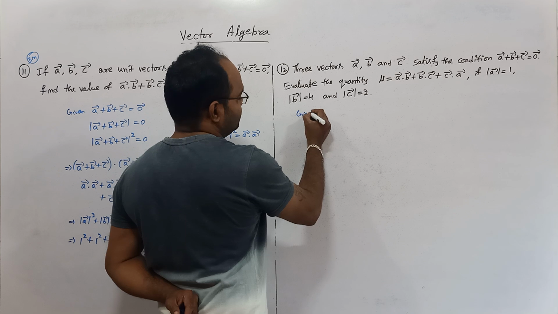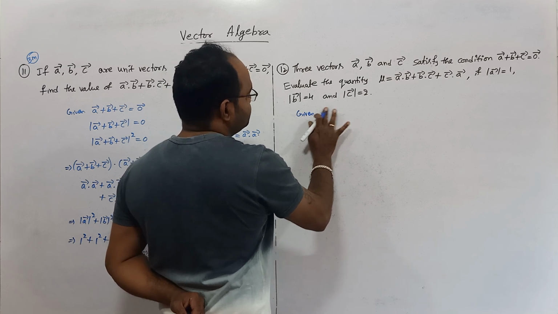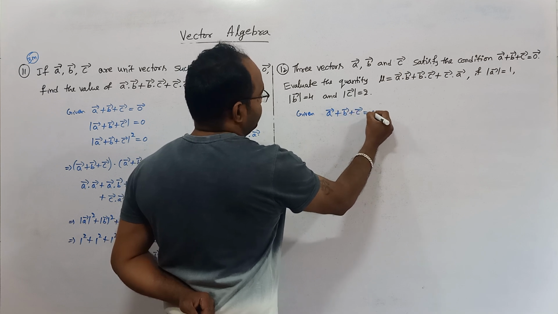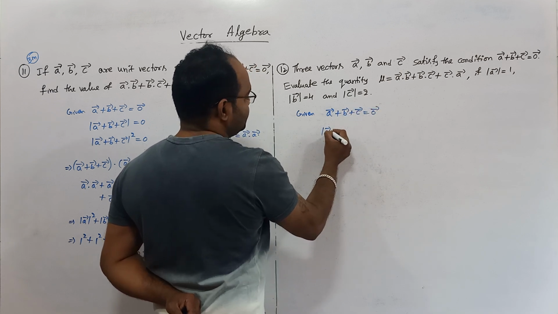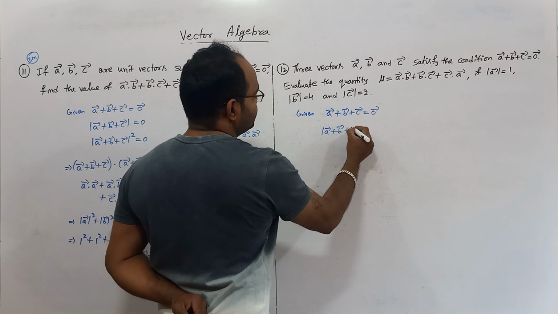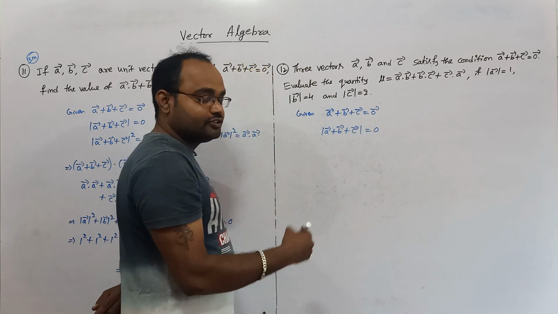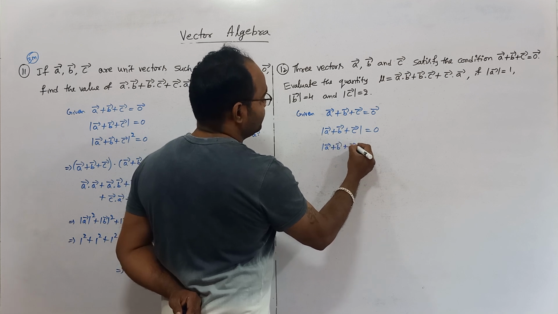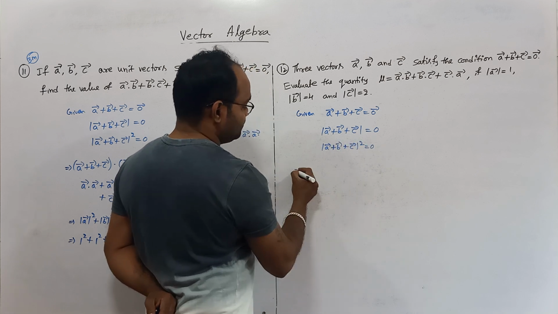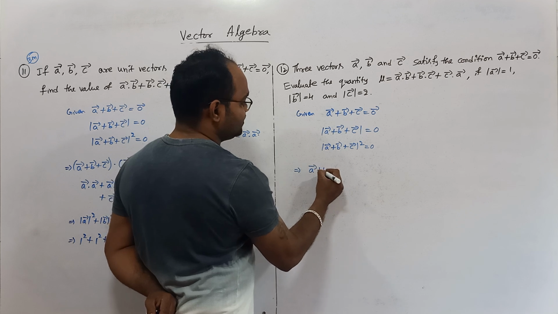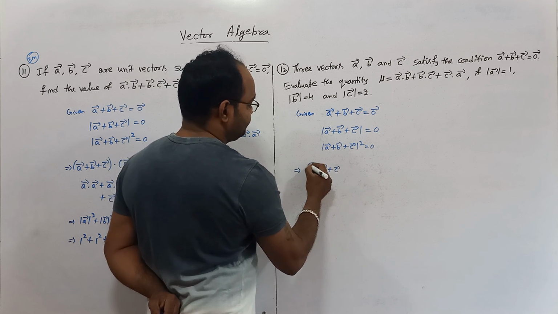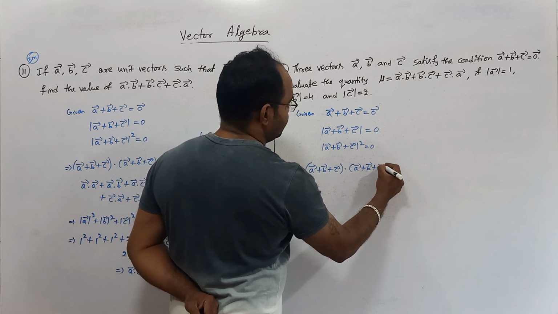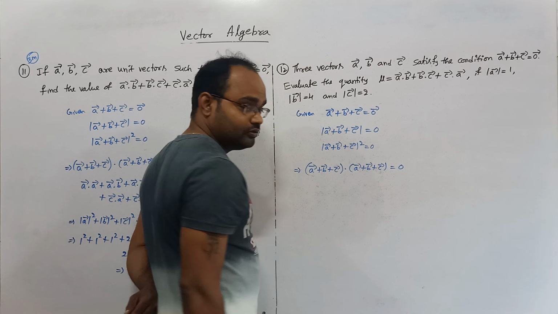Given that A plus B plus C is a 0 vector, so therefore magnitude of A plus B plus C is also 0. Same procedure, square ಮಾಡಿದ್ರು ಅದೇ ಬರುತ್ತೆ, A plus B plus C whole square is equal to 0. This implies A plus B plus C dot vector A plus vector B plus vector C, it is equal to 0.